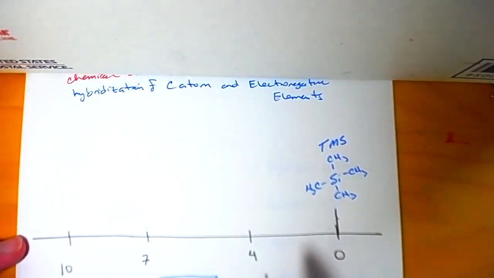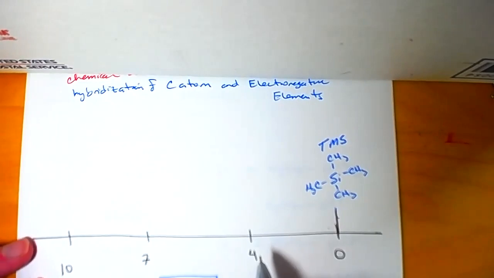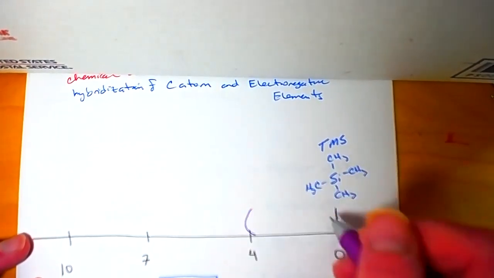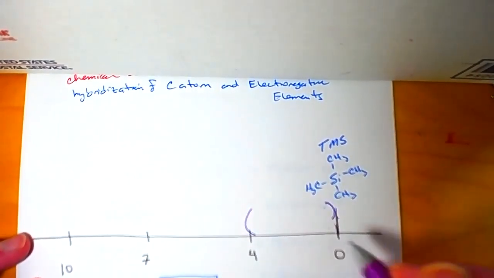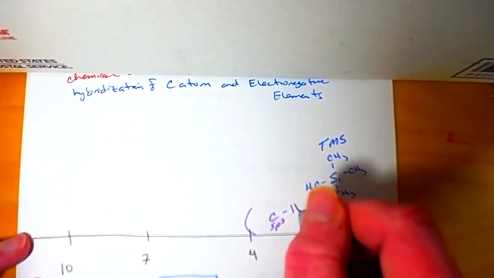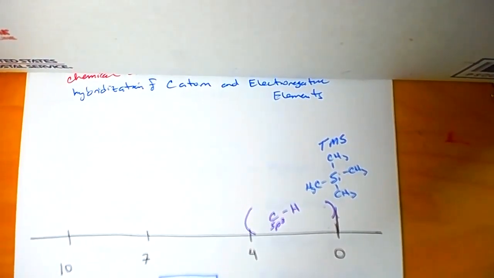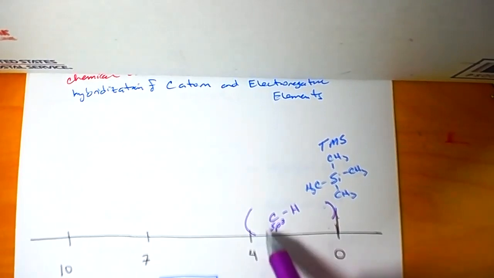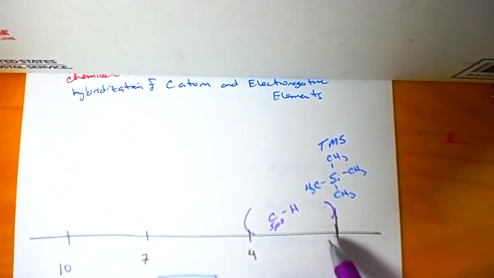Now, to give you a hard and fast rule, and again, there are always exceptions, I've marked some areas here. Typically in the region from about 0 to 4, this is where you're going to find your typical sp3 carbon-hydrogen signals, okay? If the carbon is attached to an electronegative element, then it'll be further down towards 4, and if it isn't, it's going to be further up towards 0.